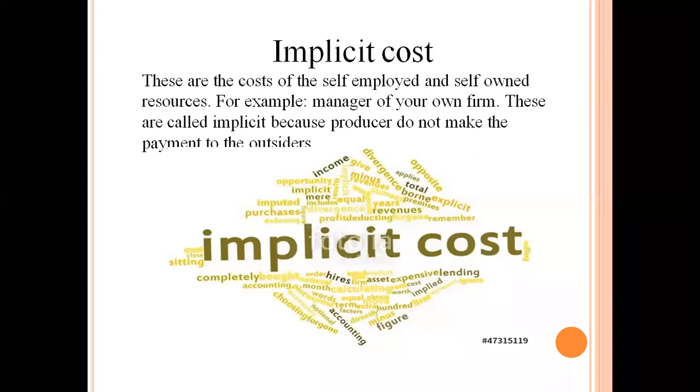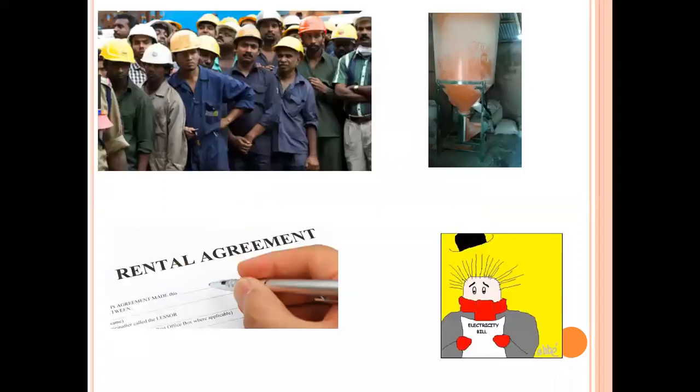Please give me one example of explicit and one of implicit in the chat box, please. Now you have to identify. Please identify from the picture which type of cost it is, whether it is explicit cost or implicit cost. How will you identify?